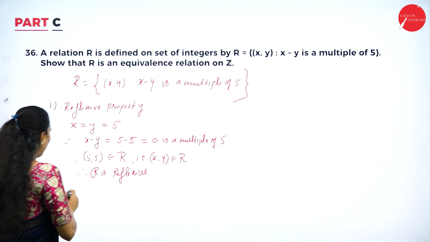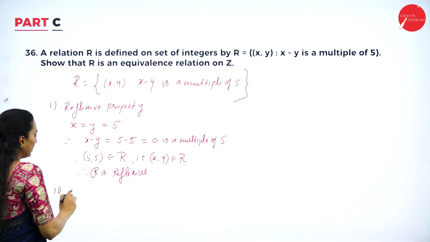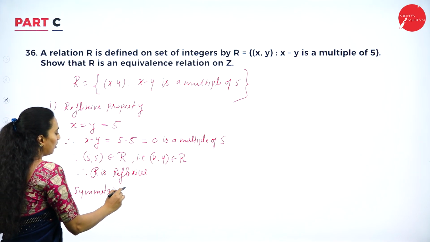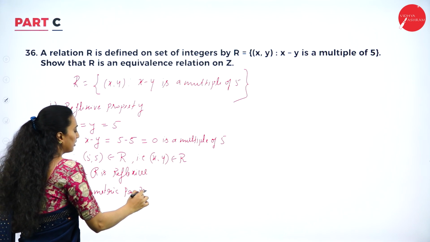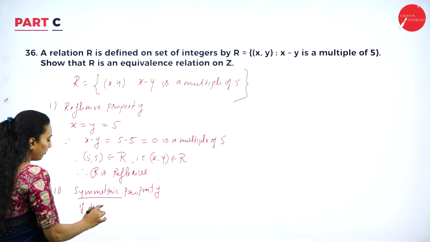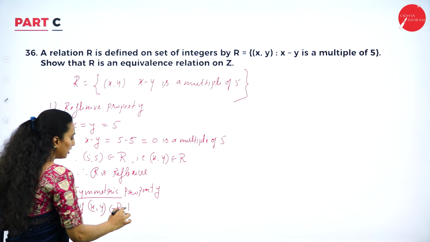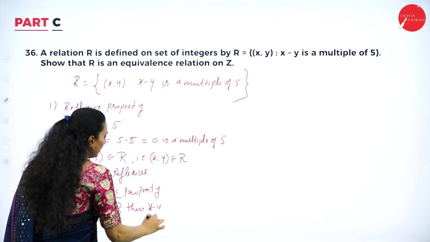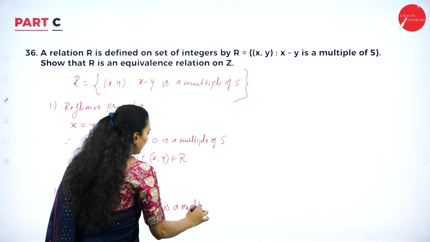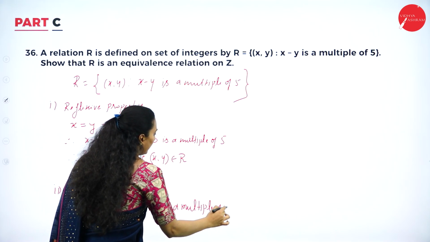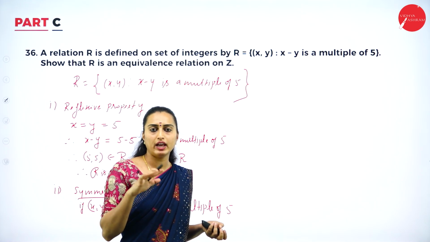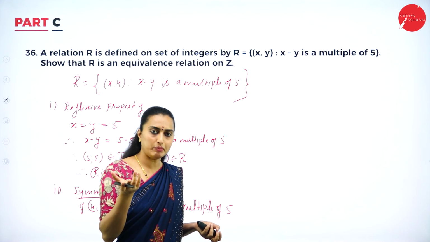Next we'll be moving on to the second one, which is the symmetric relation or symmetric property. Now, if (x, y) belongs to the relation, then x minus y is a multiple of 5, correct? For example, let me take 5 and 10. 5 minus 10 gives you minus 5, or 10 and 5. 10 minus 5 gives you 5, which is a multiple of 5.